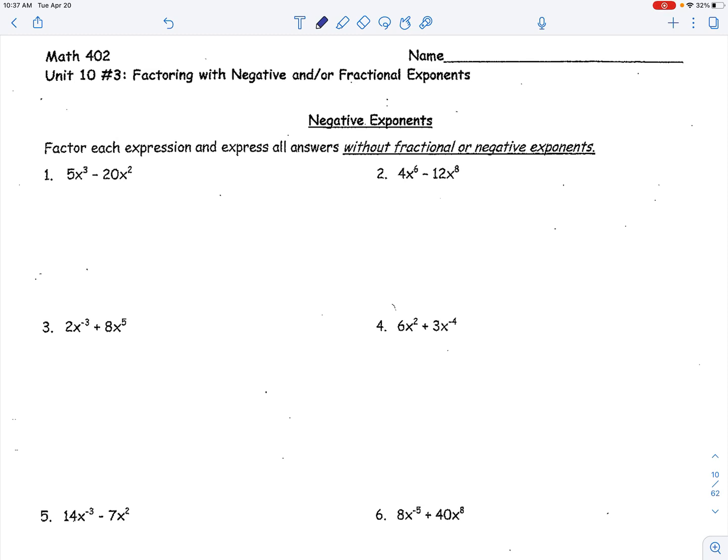You remember how to remember the factoring? 5x cubed minus 20x squared.